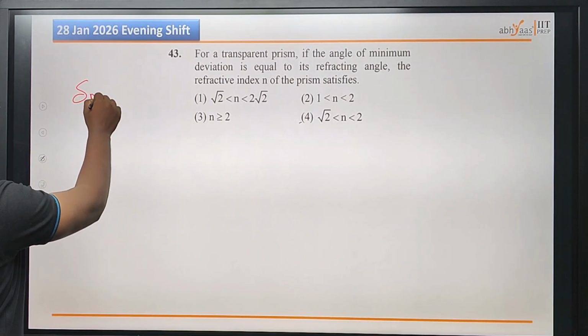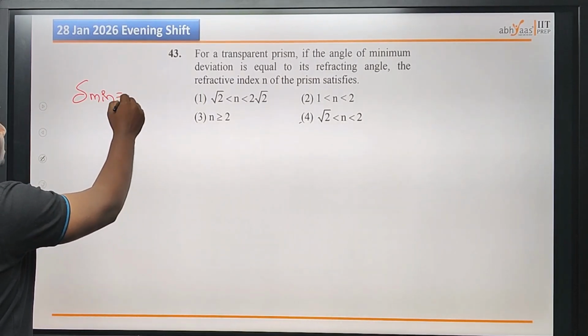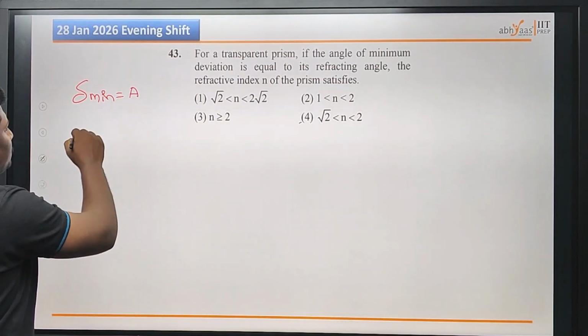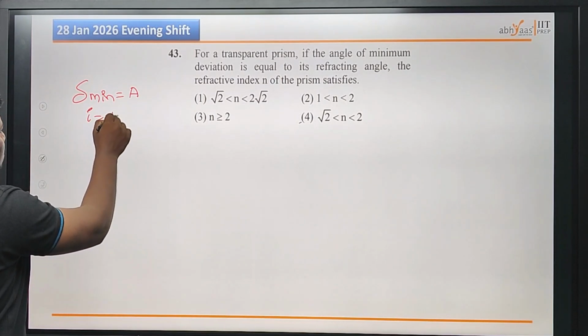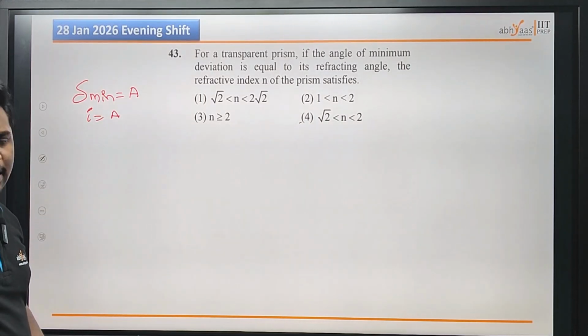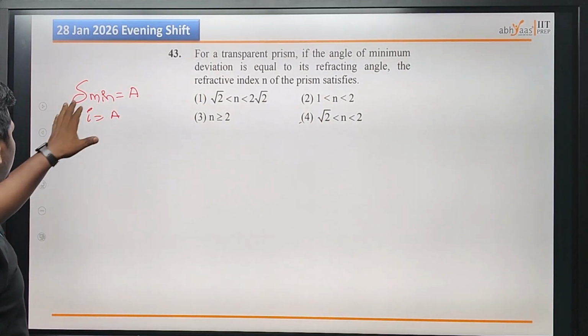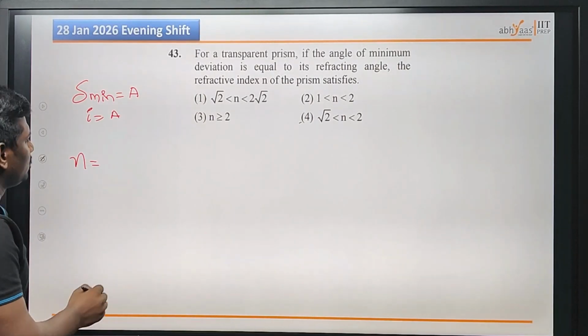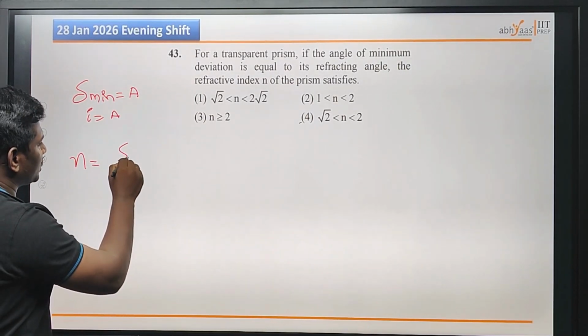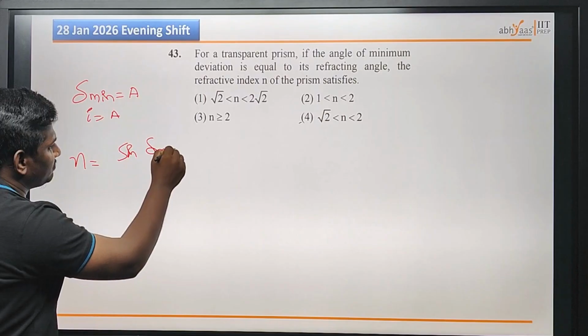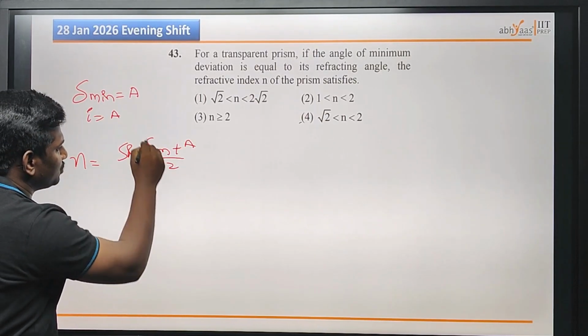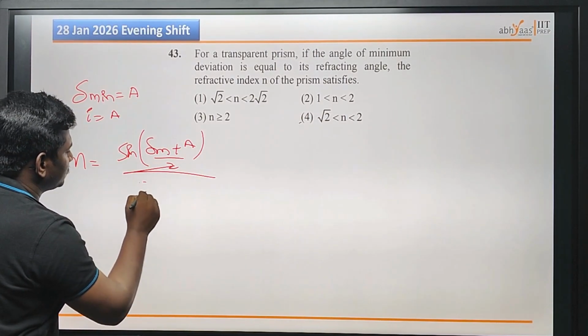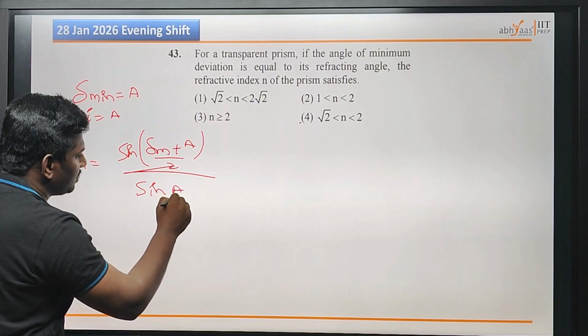Delta m, minimum deviation, is equal to A and i equal to A. This is our condition. For a refractive index n, we know that one. Sin of delta m plus A by 2 by sin A by 2.